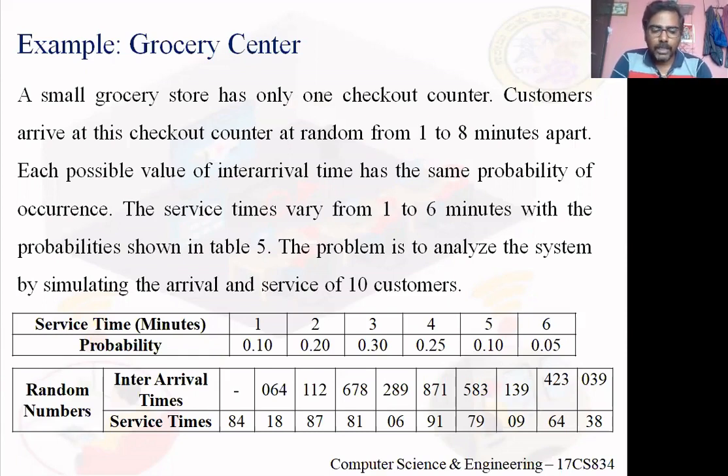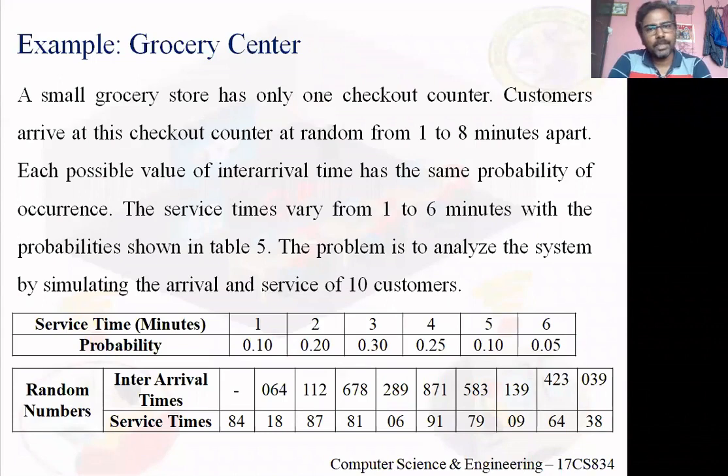But I will give you 9 random numbers for inter-arrival time and 10 random numbers for service time. Through the random numbers, you need to determine the value of inter-arrival times and service times.